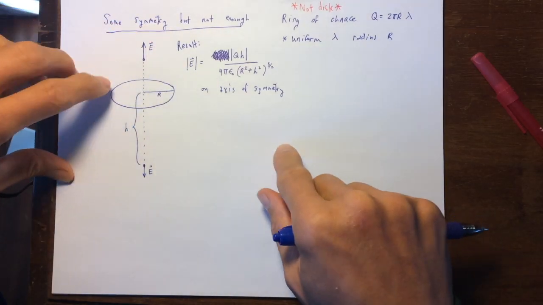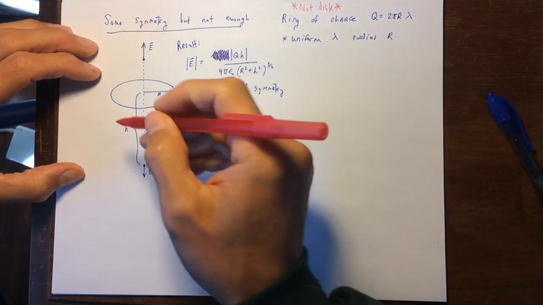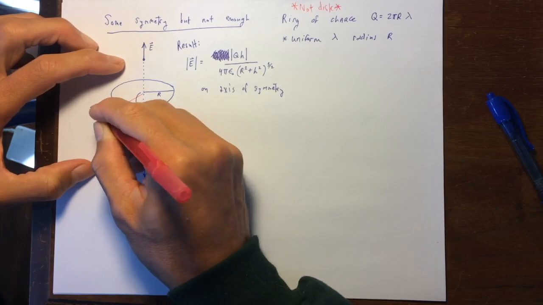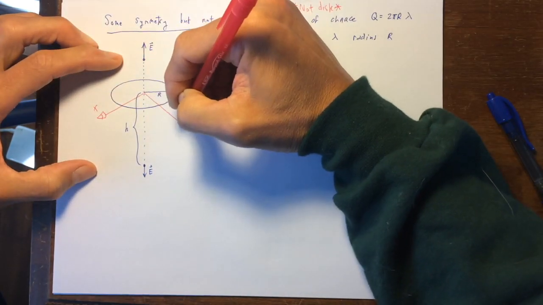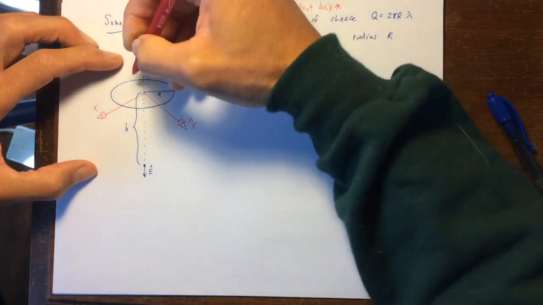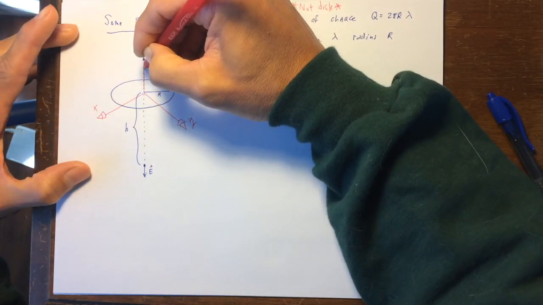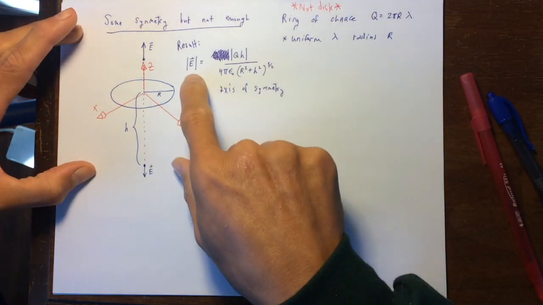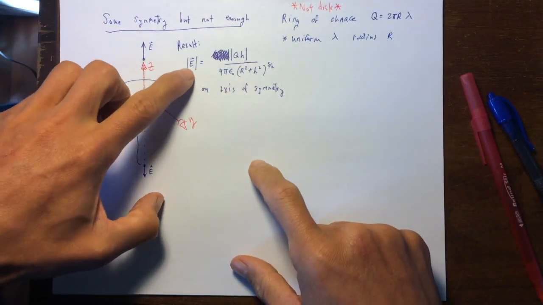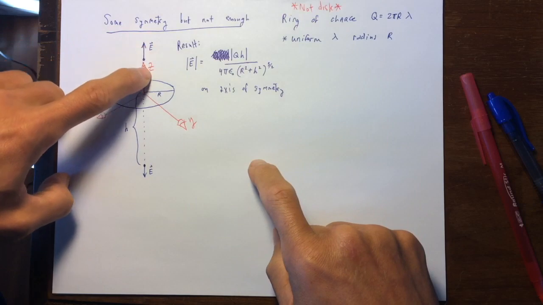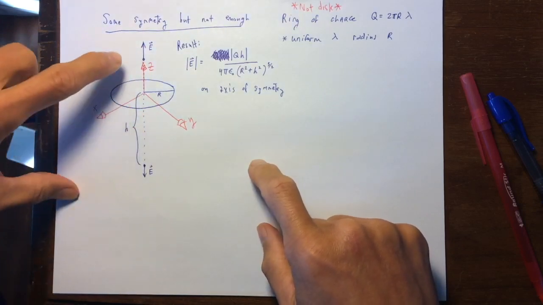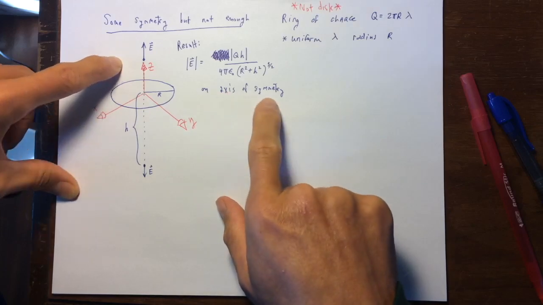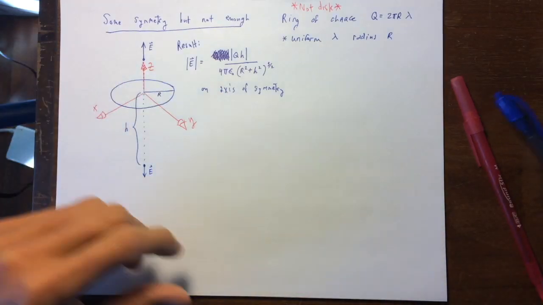So, for example, if these are the x and y axes, and then the up-down axis is left over to be the z, then we only ever determined the magnitude of the electric field along places on the z-axis. We did not go off the z-axis, so we've only done the problem for on the axis of symmetry.